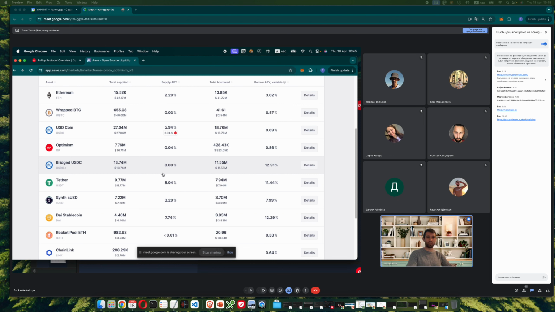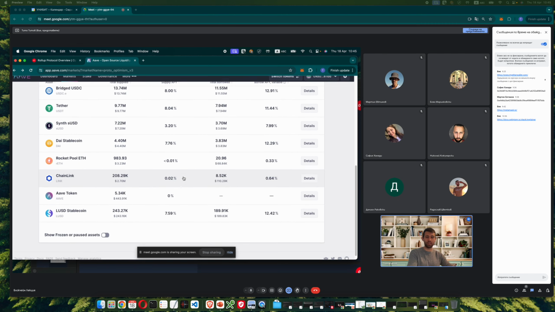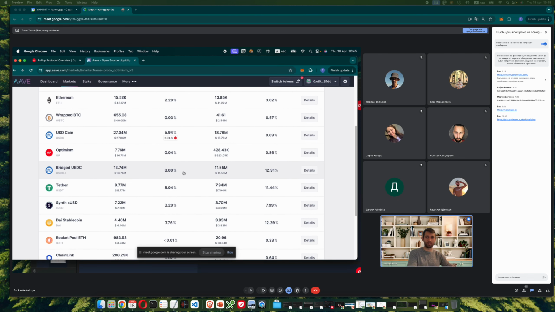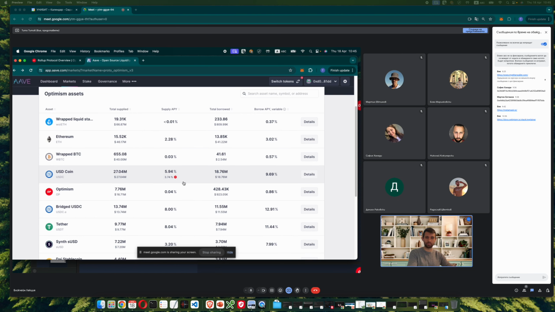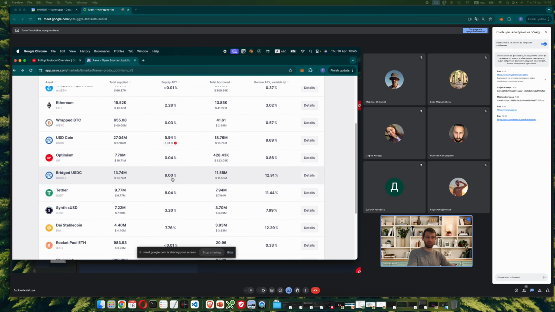So there is a difference. Some of this money stays in the protocol, or they're using it for some extra expenses related to the protocol. But still 8% is enormous compared to the current banking system and the percentages that they're proposing. I think the maximum is like 2%, but I'm not even sure about that.